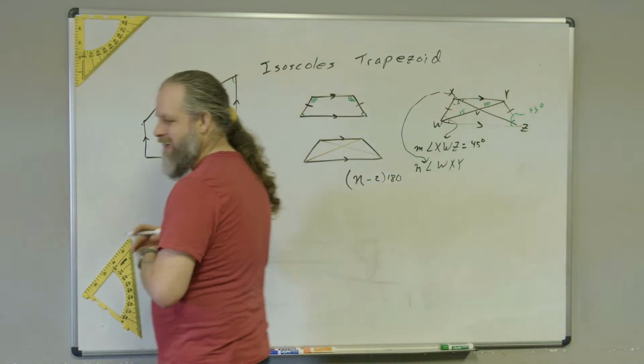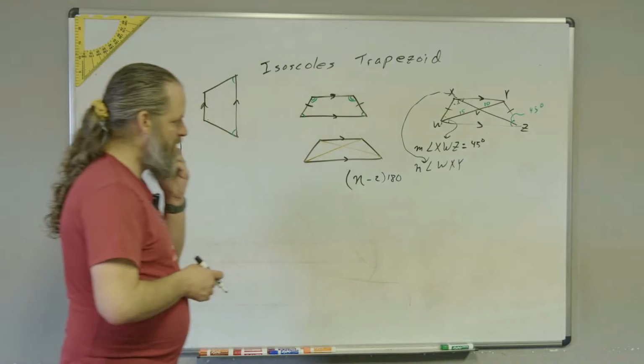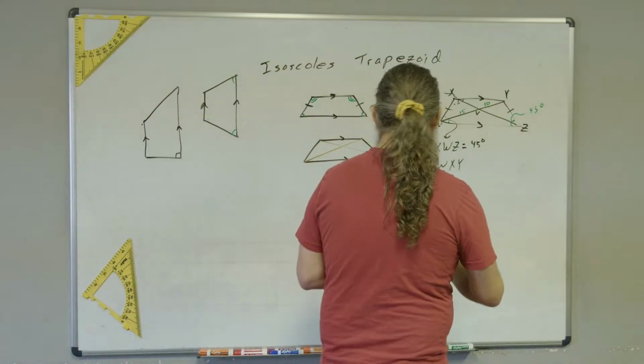What's the n stand for? Number of what? Sides, true enough. How many sides does our polygon have? 4 sides. 4 minus 2 is 2. What's 2 times 180? 360.